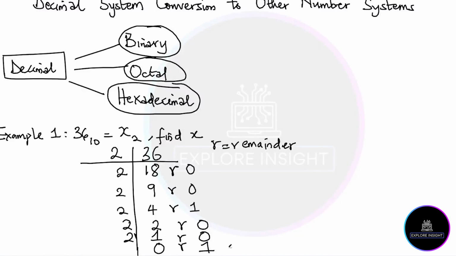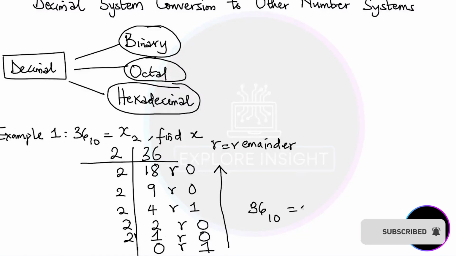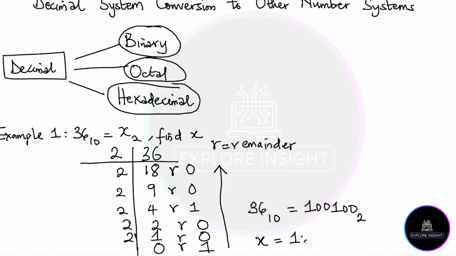I'm going to go through with a forward arrow. At this point, we'll have 36 in base 10 to be 100100 in binary form. So that is to say our x is 100100.